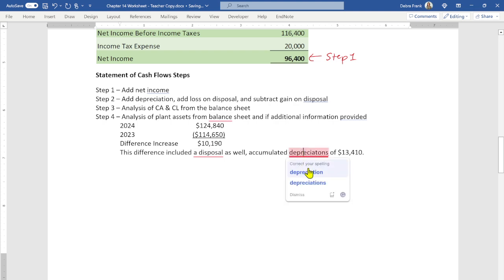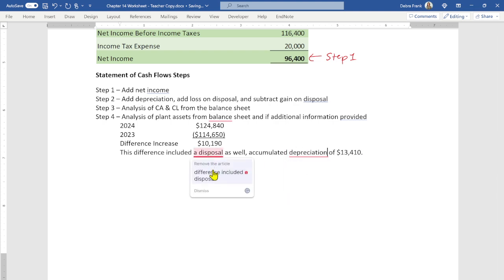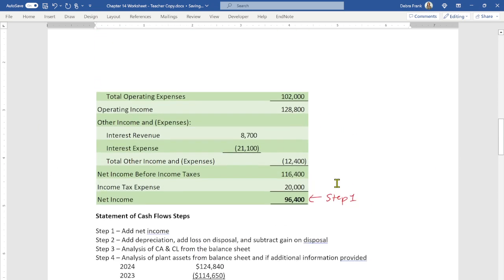It's not liking a lot of my spelling there, huh? And so we end up actually with a difference of 23,600. All right, so we can analyze that again, and we can say, okay, our plant assets increased by 23,600.